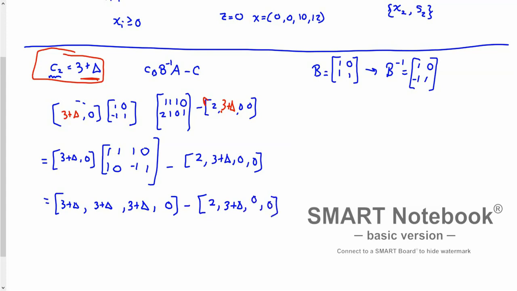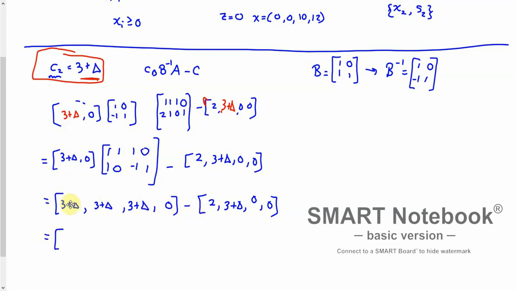And you can slowly double check my matrix multiplication here. It's 3 plus delta times 1 plus 0, 3 plus delta times 1 plus 0, 3 plus delta times 1 plus 0, and 3 plus delta times 0, 0 plus 0. And now I just need to do this subtraction.